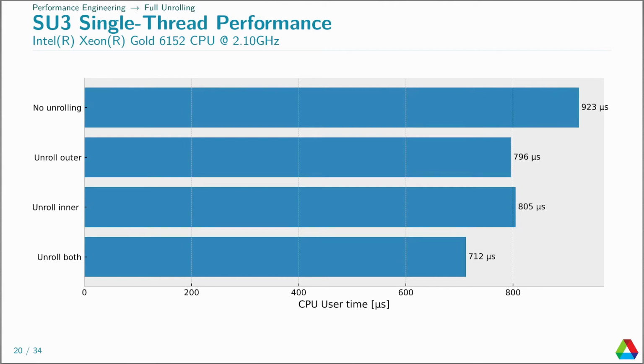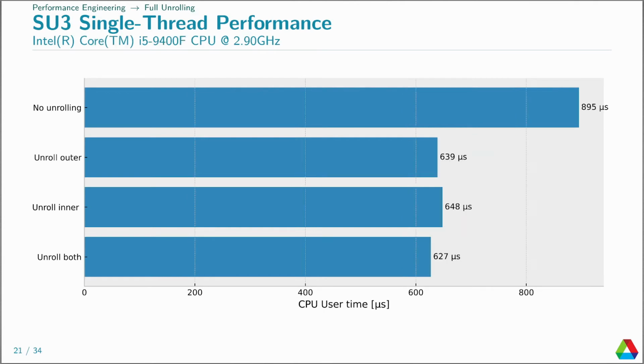This is an Intel Xeon processor, and we have 4 possibilities on how to unroll it. As expected, the slowest one is if we do not do unrolling, and the fastest is if we unroll both loops. And if we just unroll one of them, either the outer loop or the inner loop, we get something in between.